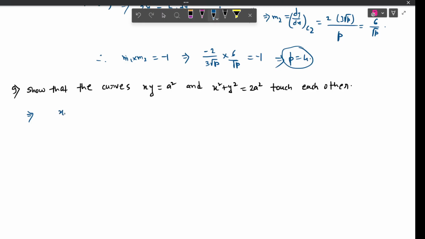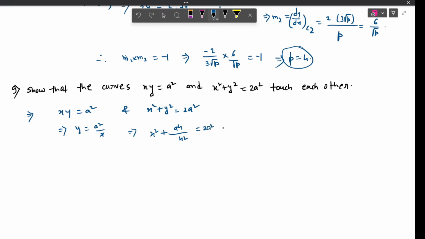So curves are xy equals to a square and x square plus y square equals to 2a square, right? So here y is a square by x. So putting this in this equation, we'll get x square plus a to the power 4 by x square.